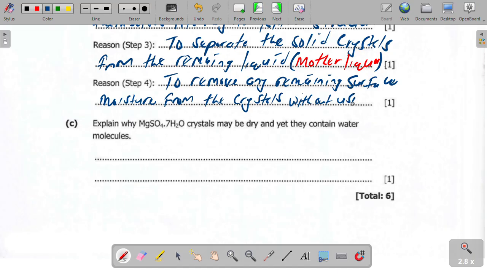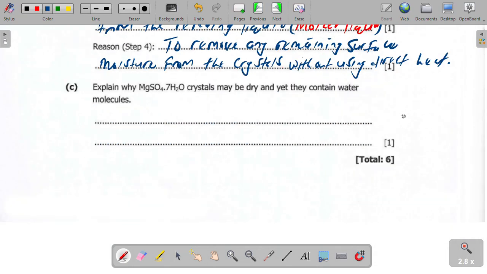I hope you're writing notes down. So this is your reason why we are using a desiccator, rather than direct heat. I hope you are copying these notes down.